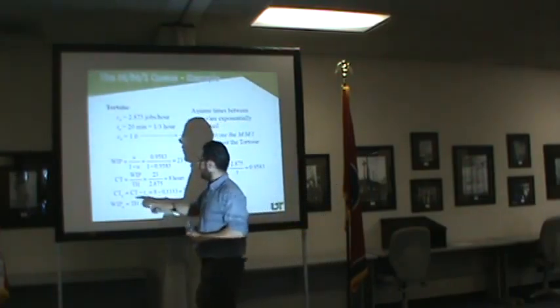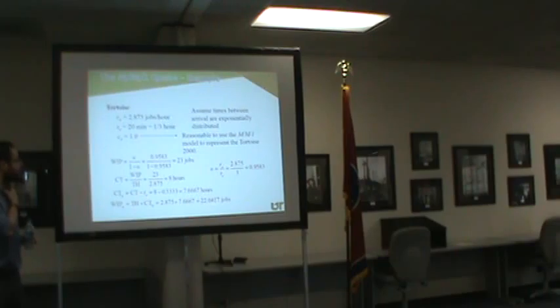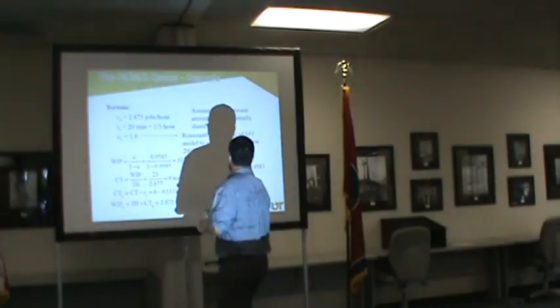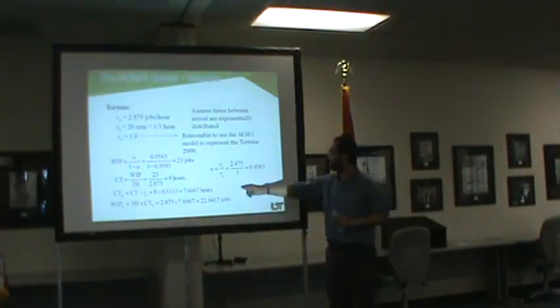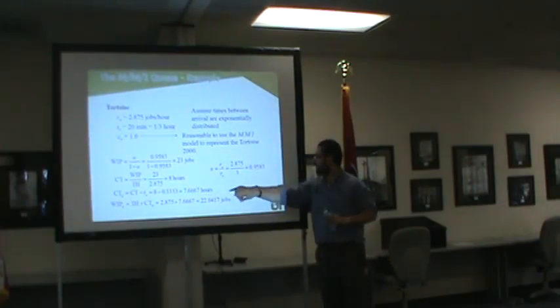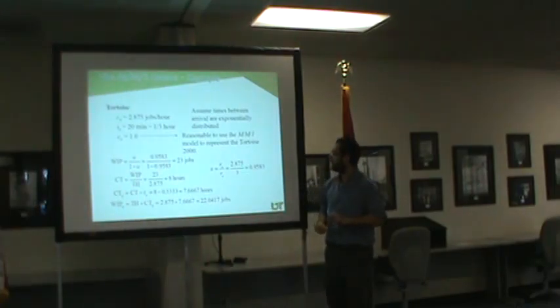So we're going to calculate WIP, and the WIP is what? Just the utilization that was given over here. Let's get that first. Rate of arrivals and the rate of processing, so it's 2.875, and you can do 3 jobs in an hour, right?